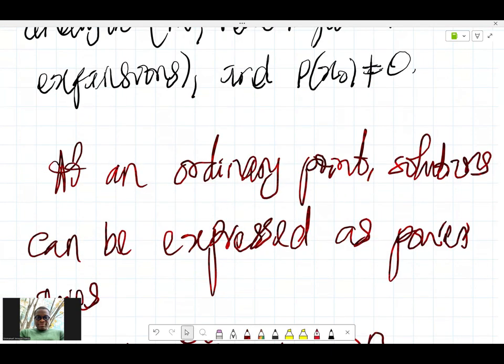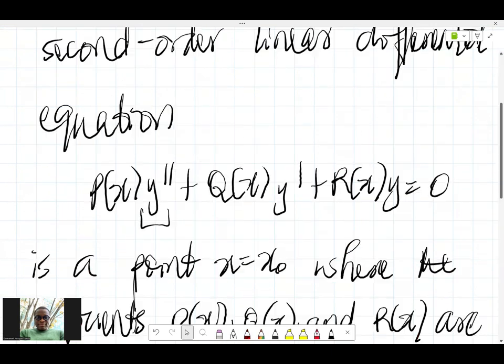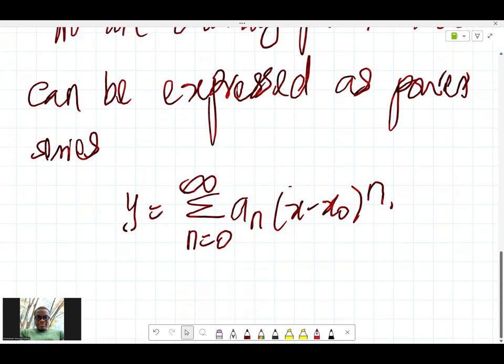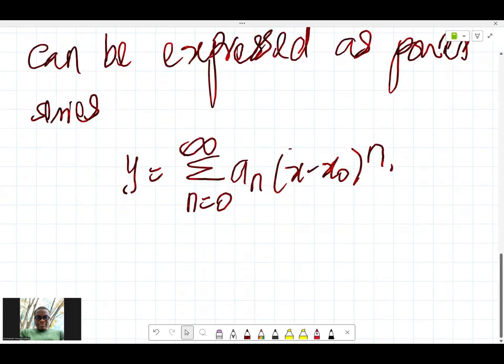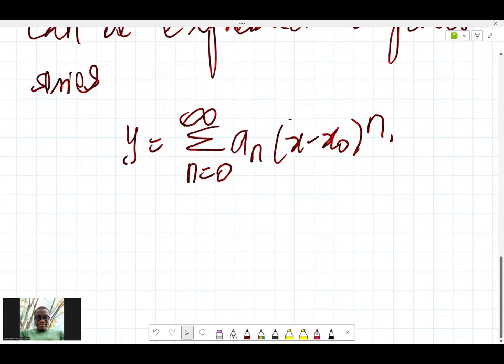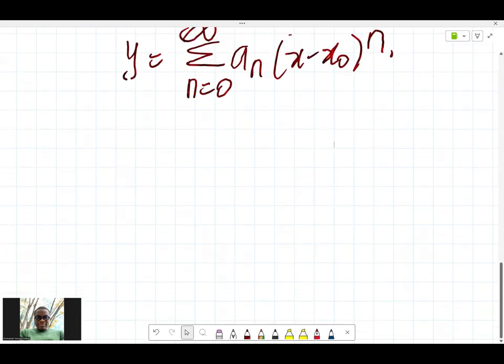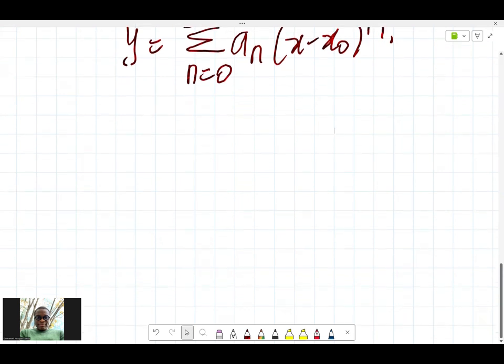This is the kind of solution we get for this kind of situation. Let's look at some examples, which is the purpose why I brought this up again, to verify for sure that we have ordinary points.